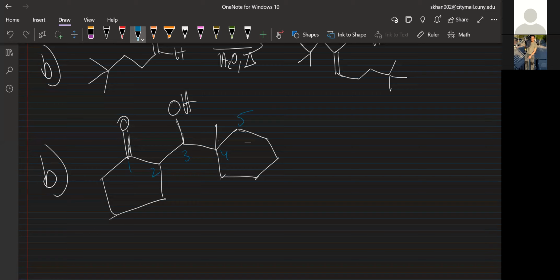Good, 2 to 3. This is why identifying the product can be useful. If this is our carbonyl, this is alpha, this is beta. So this is a beta hydroxy ketone. So in this case, we know that the bond between the alpha position and where the OH group is the one that we created as a result of an aldol addition.